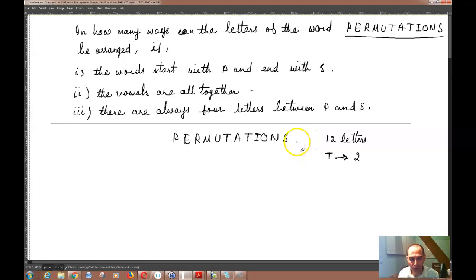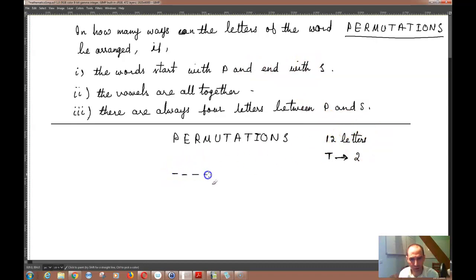Now what we want to do is find the number of permutations if the words start with P and end with S. So I'm assuming that I want to make these 12 letter words.